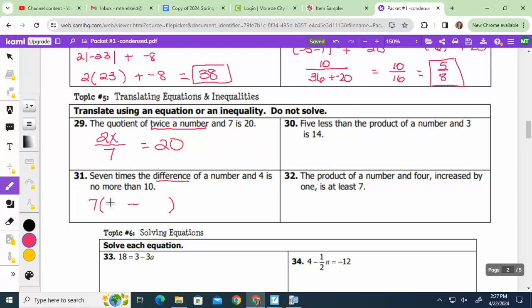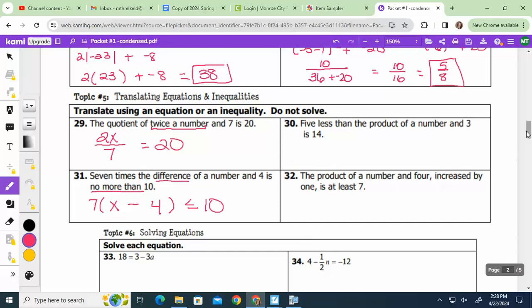So we're just doing a number, so like x or y minus 4 is no more than. So it can't be more, that means it's less than or equal to 10. Alright. Remember doing those this year? We've had them a few different times pop up.